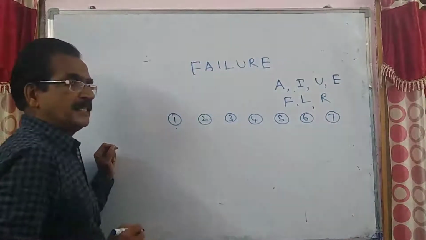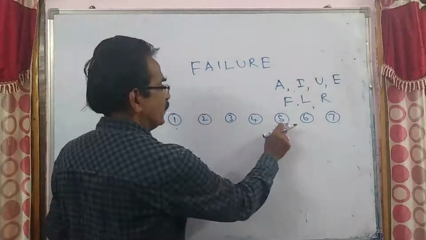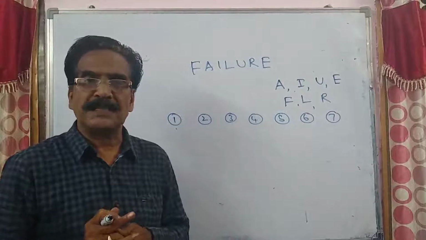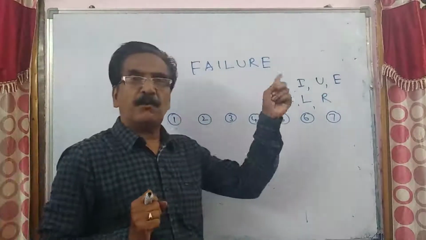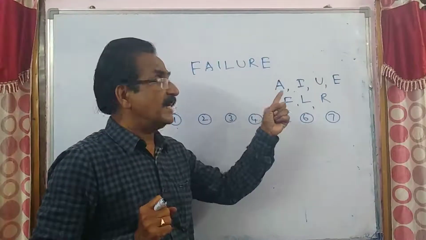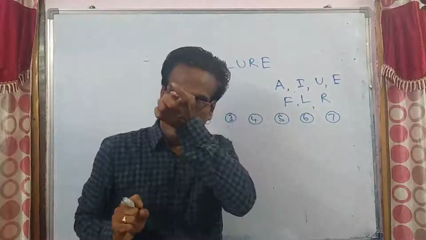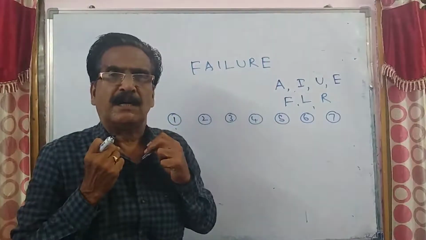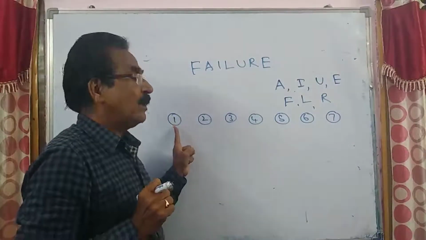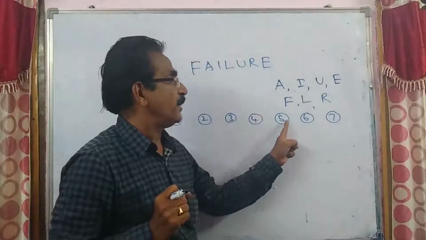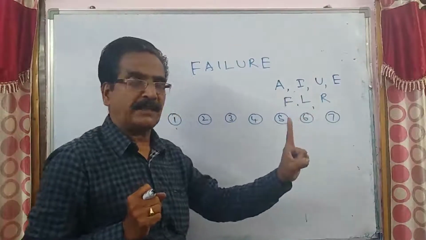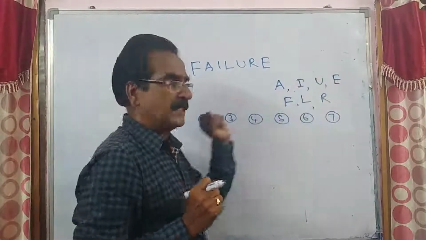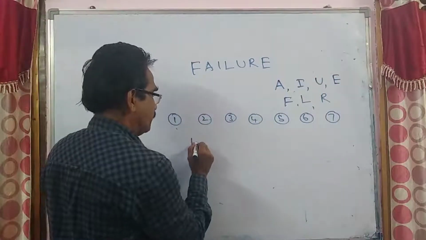Here how many odd places are there? 1, 2, 3, 4. 4 odd places are there. First let us arrange the vowels. Vowels occupy odd places, and there are 4 odd places and 4 letters, that is 4 factorial ways.